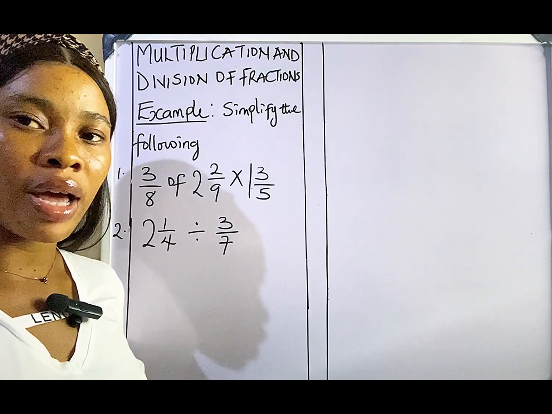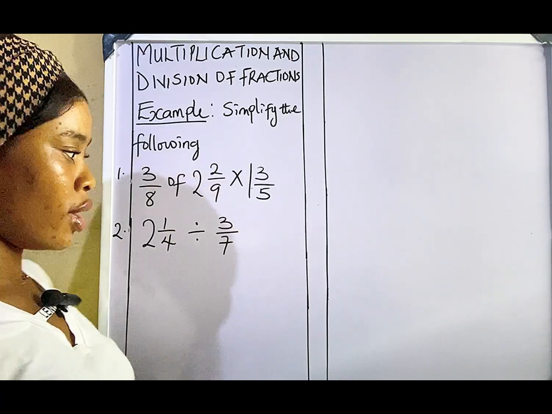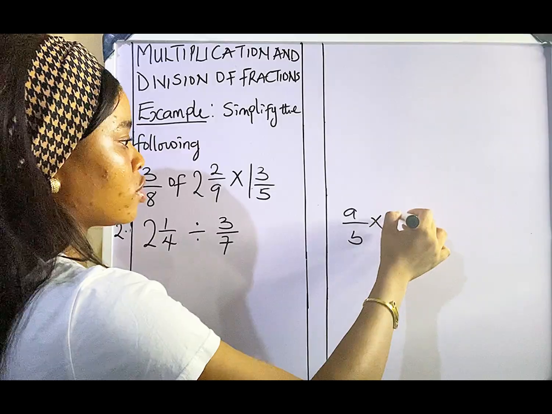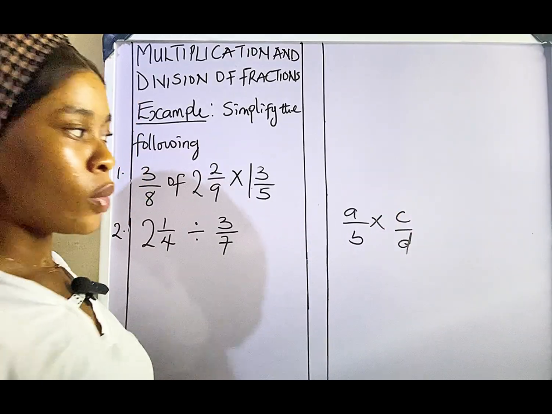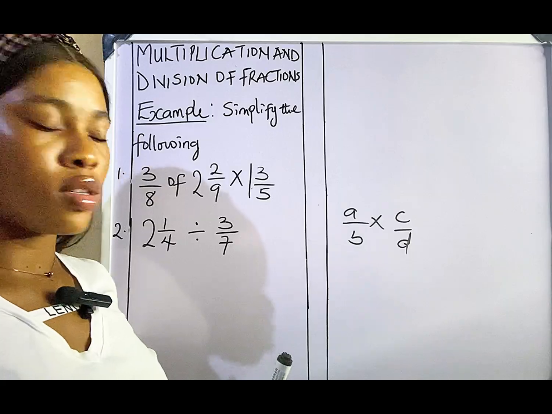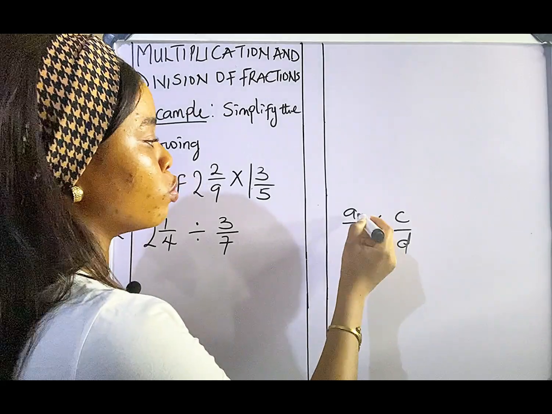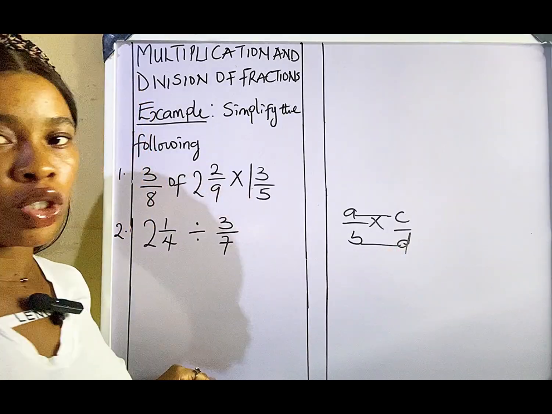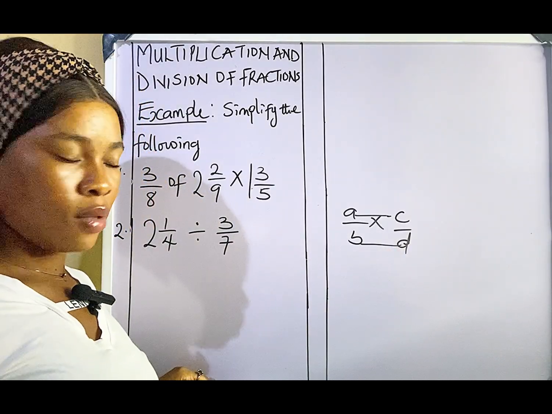When you're multiplying two fractions together, you have a over b times c over d. It's very easy. What you do is numerator multiplies numerator, denominator multiplies denominator.